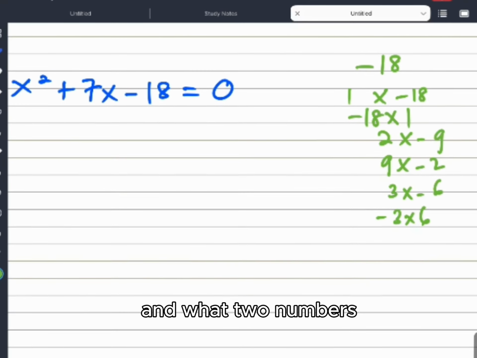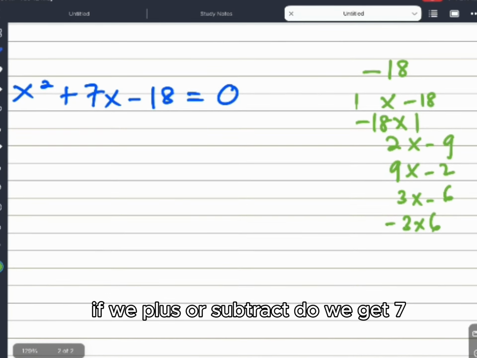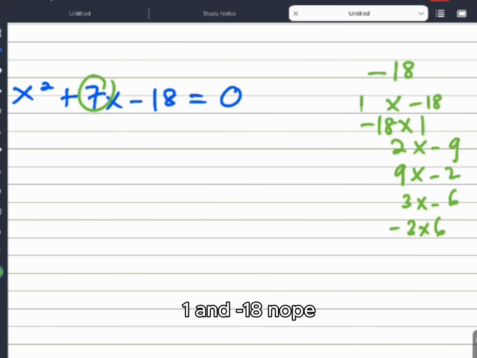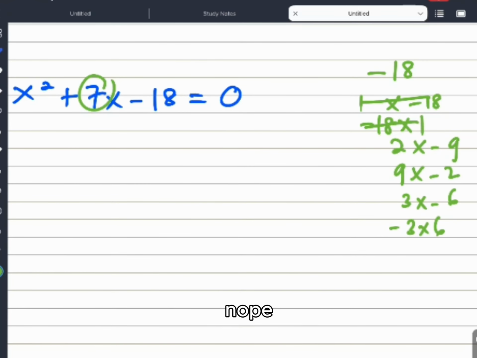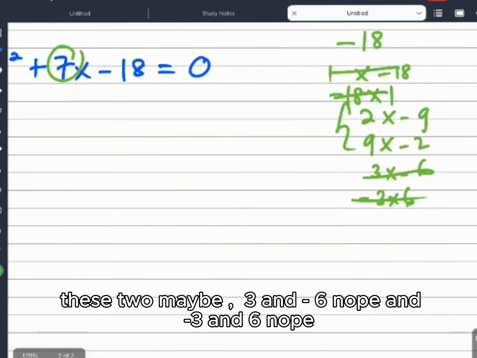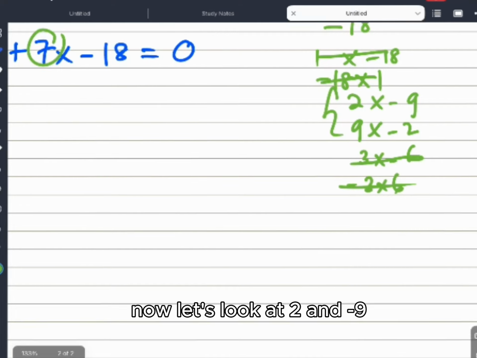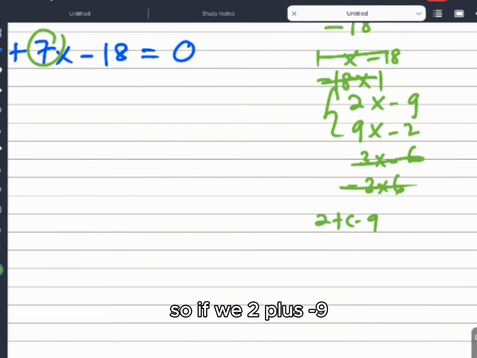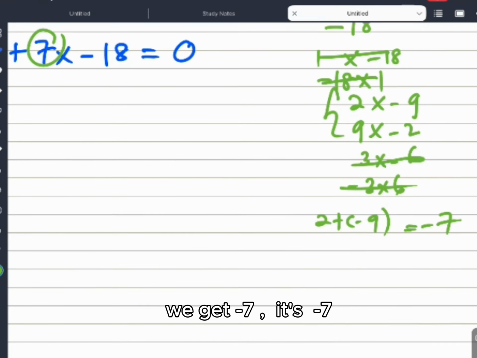And what two numbers, if we add or subtract, do we get 7? 1 and 18, nope. 18, 1, nope. These two maybe. 3 and 6, not. Now let's look at 2 and negative 9. So if we do 2 plus negative 9, we get negative 7.